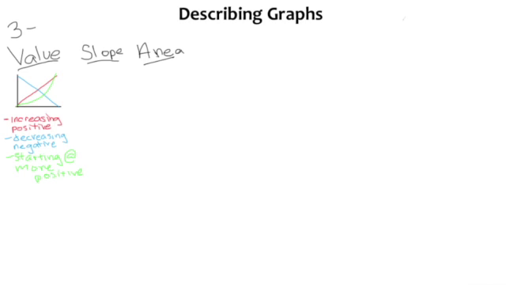For the sake of time, it's not possible for us to do so many examples. There's an infinite number. Notice I didn't do an example where I was below my x-axis. Actually, I am going to do one. I could have a graph that looks like this, and I want to describe its value. Notice my value is in the negative range. It's down here, so I'm going to say that my value is negative.